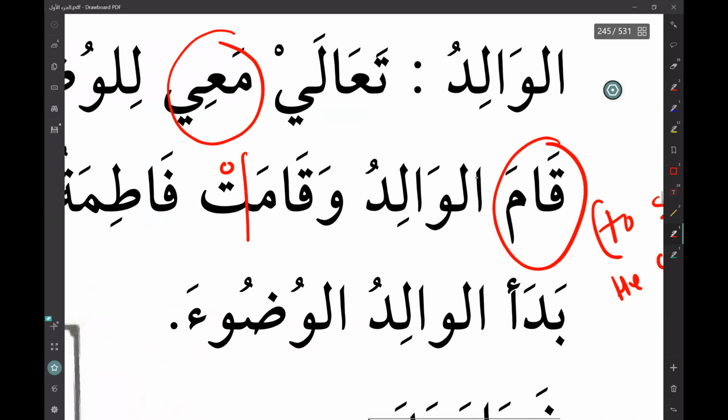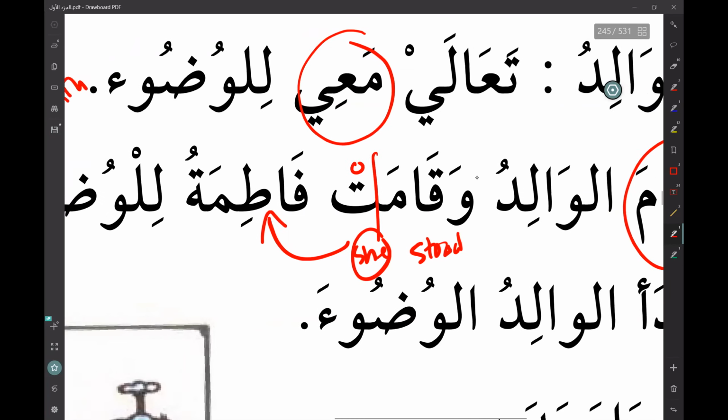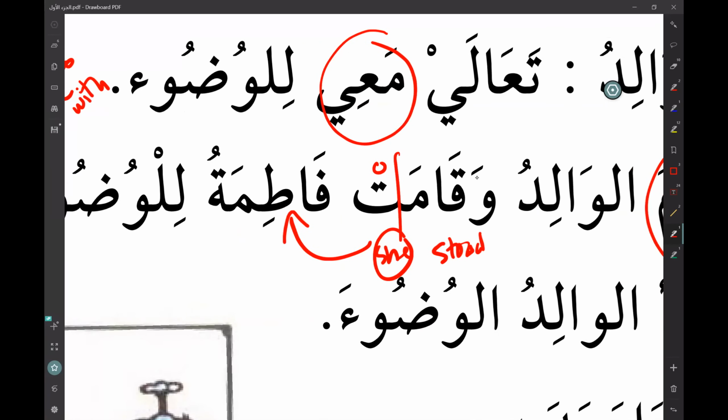So qama is he stood, qamat is she stood. So obviously the she here means Fatima, right? You're not going to say she stood Fatima, you will say Fatima stood. But the reference is that this verb is for a female person. So you cannot say qama Fatima. That's the point.